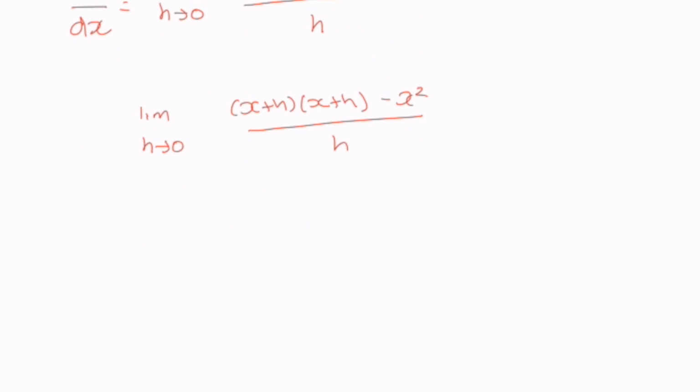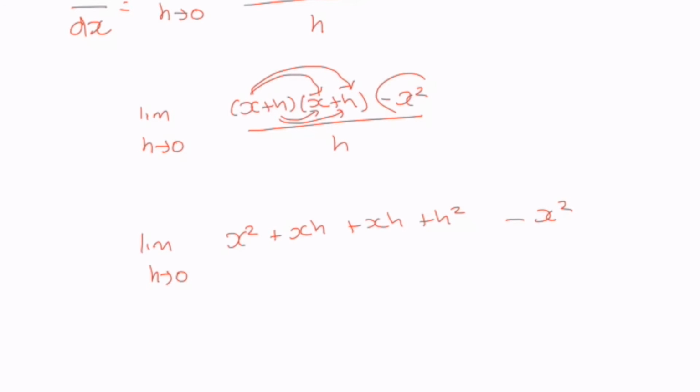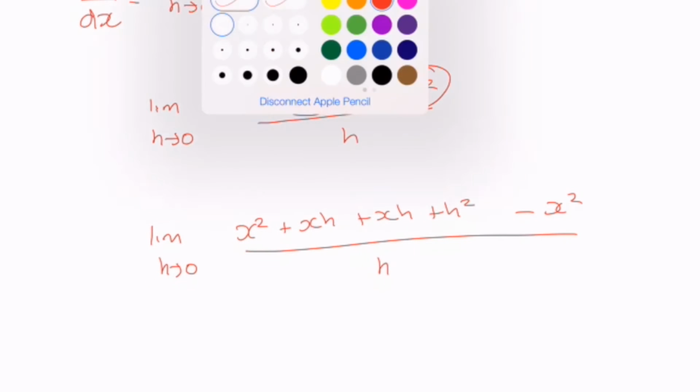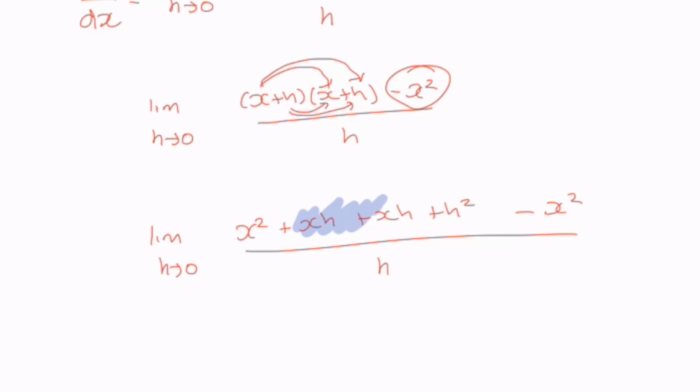Okay, that gives us, so we're going to multiply that by that, that by that, then this by this, and that by that. x squared plus xh plus xh plus h squared minus x squared, because it's minus x squared, all over h. And then we could collect like terms, so we could collect these two.